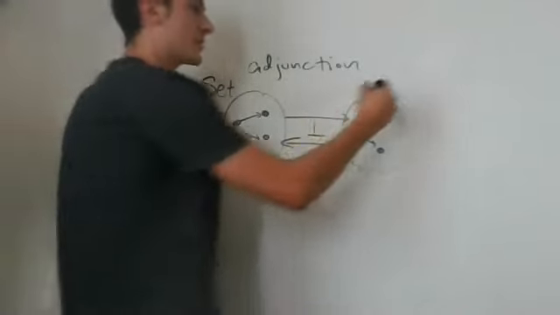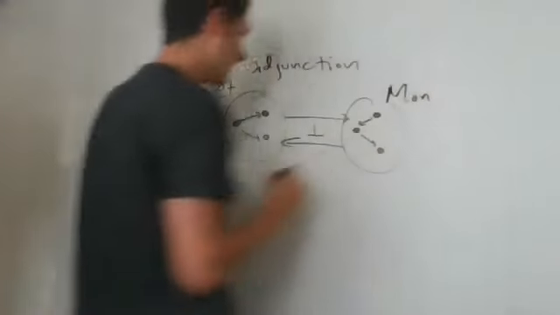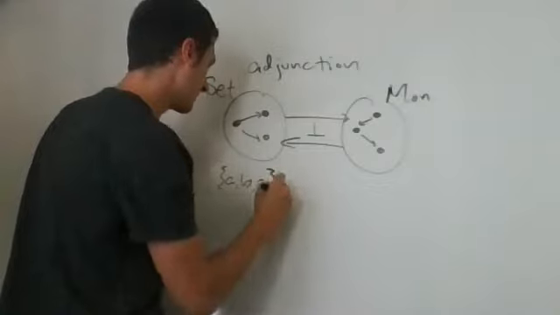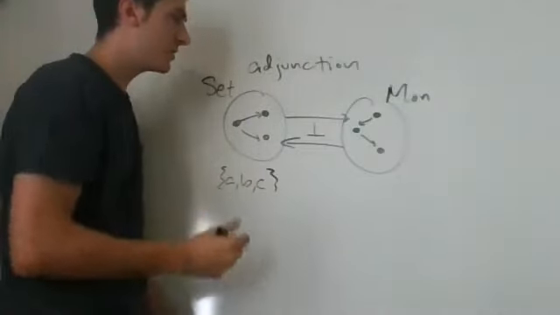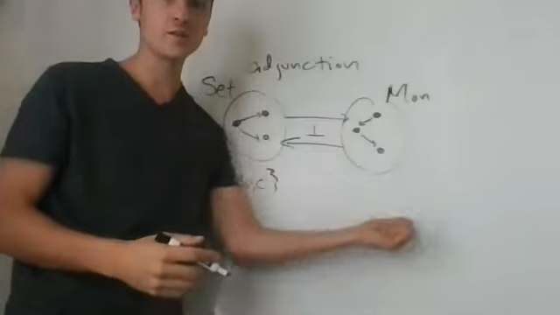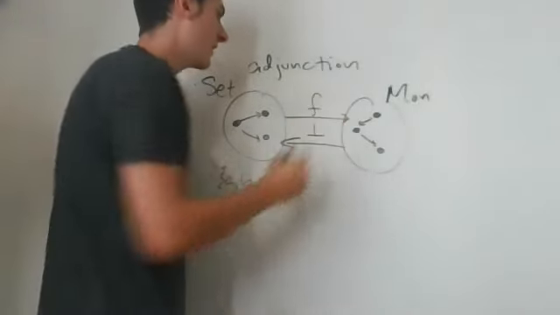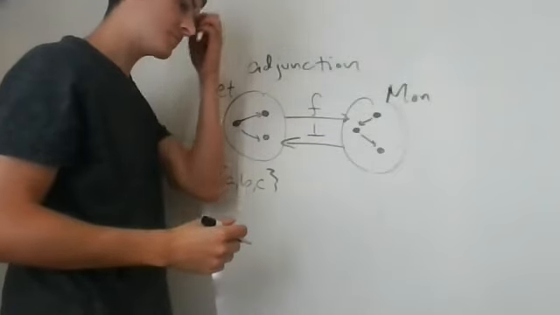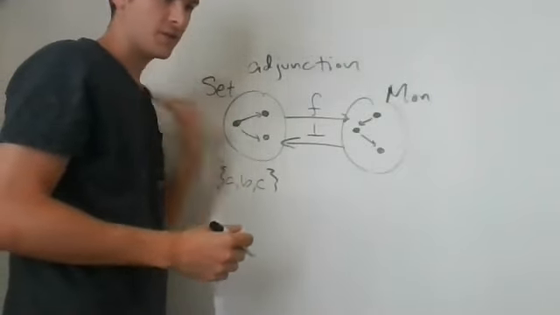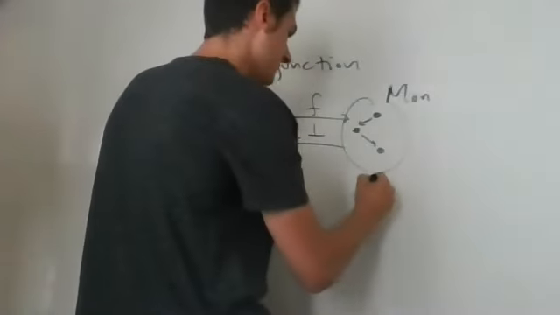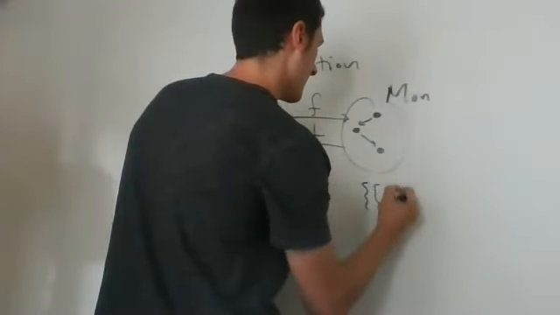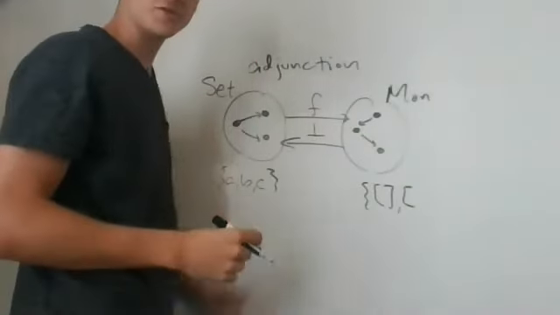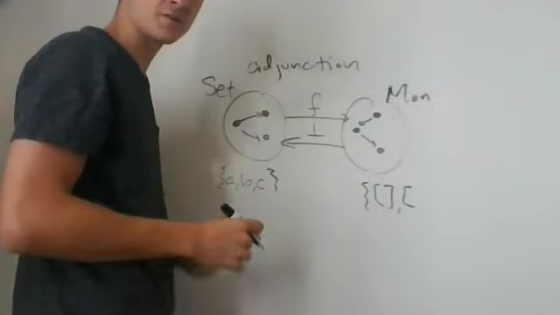Like we were talking about last time, if you have a set of three elements over here, you can take the free monoid on that set, and that corresponds to the monoid of all lists of elements that use the symbols from your set.